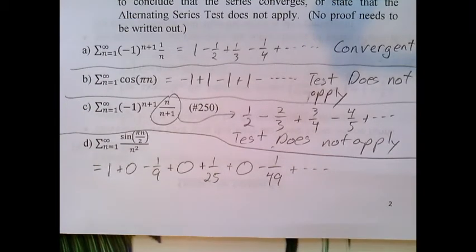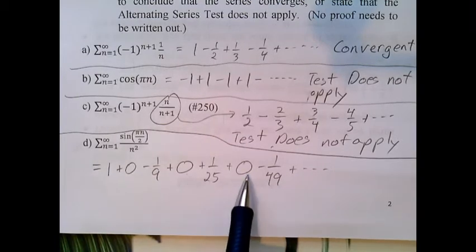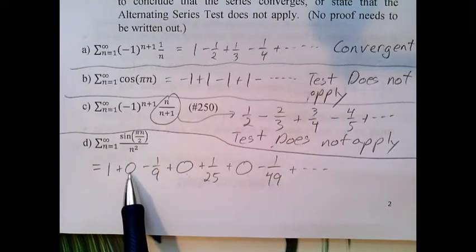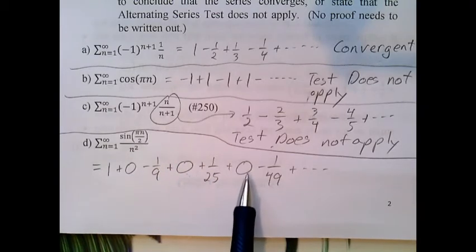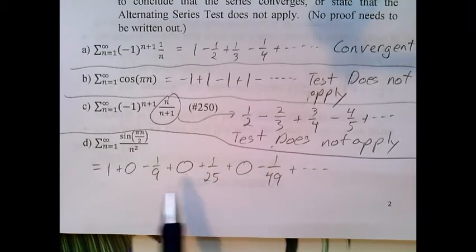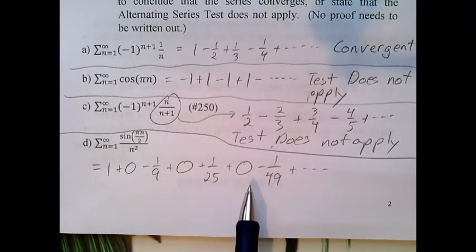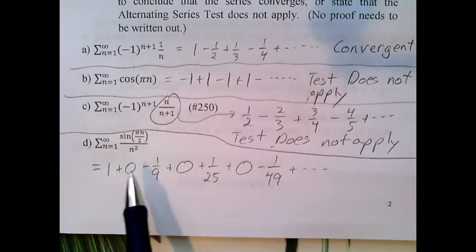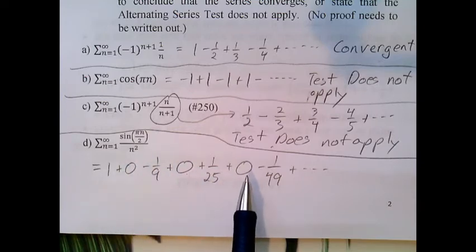Well, let's see here. This is something I haven't specifically addressed yet, but these zeros don't really change the convergence. This doesn't perfectly fit as I've written it in alternating series, but generally zero terms can just be ignored because they don't have any impact.